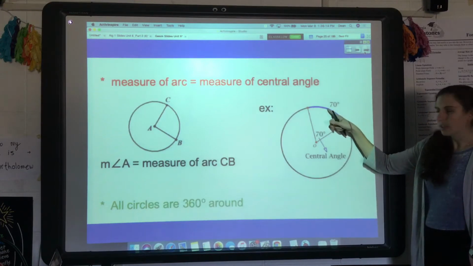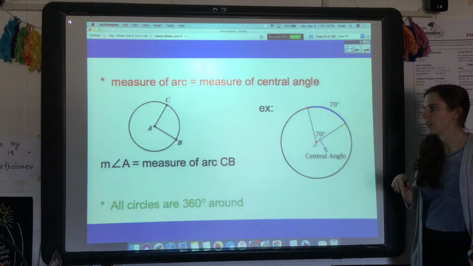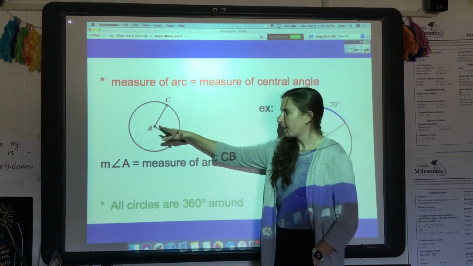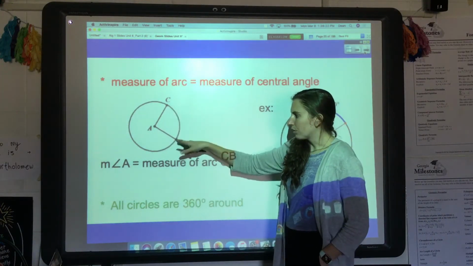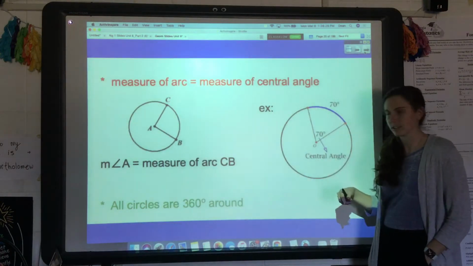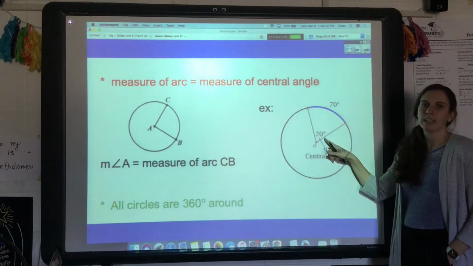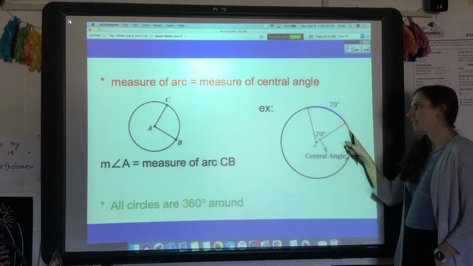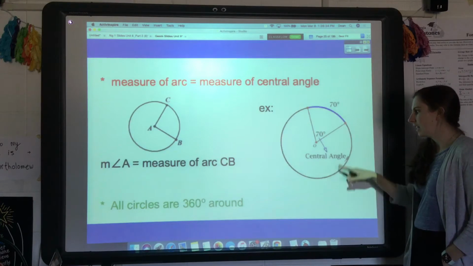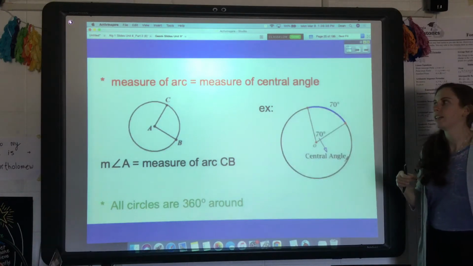The measure of this angle right here would be the same as the measure of arc CD. Keep in mind all circles are 360 degrees. If I went all the way around, that would be a full circle. So the entire arc, all of this added up, should also be 360 degrees.